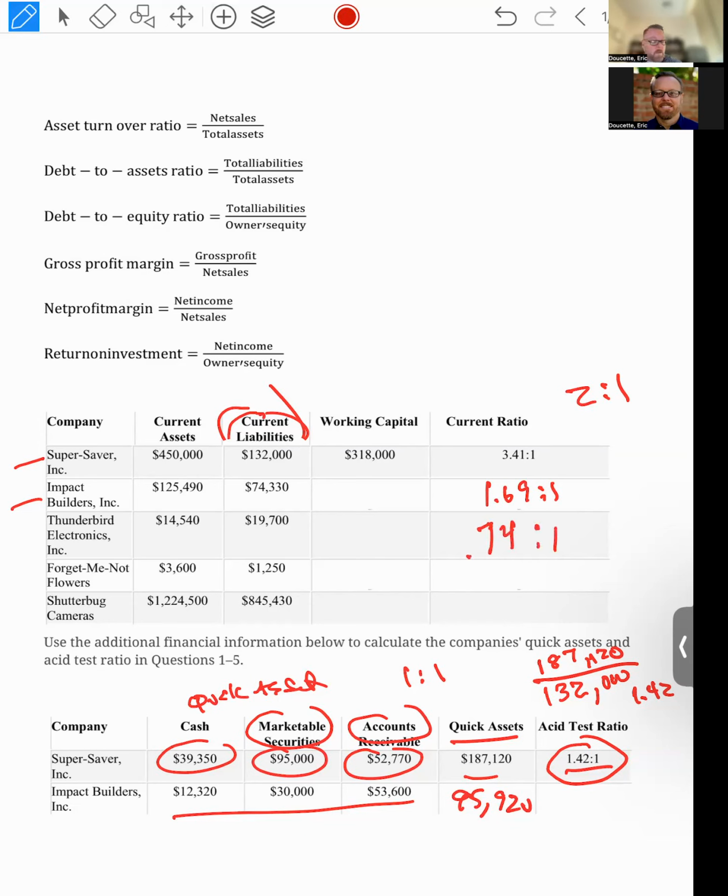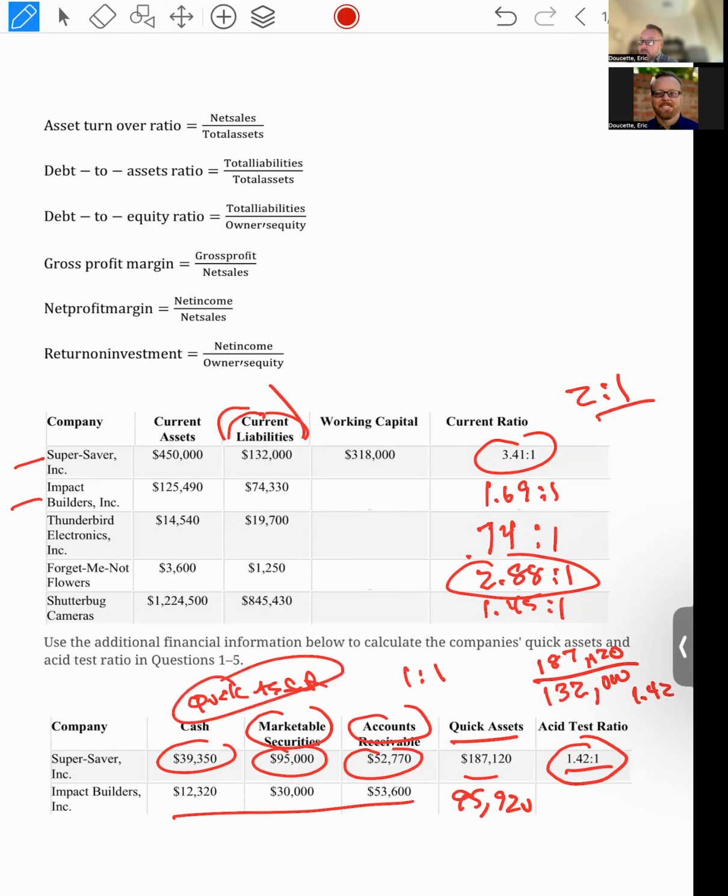0.74 to 1, 2.88 to 1, and 1.45 to 1. All of these except this one and this one are outside of the ideal. You should be at least 2 to 1, every $2 of assets to pay off $1 of liabilities. That's your total current assets.